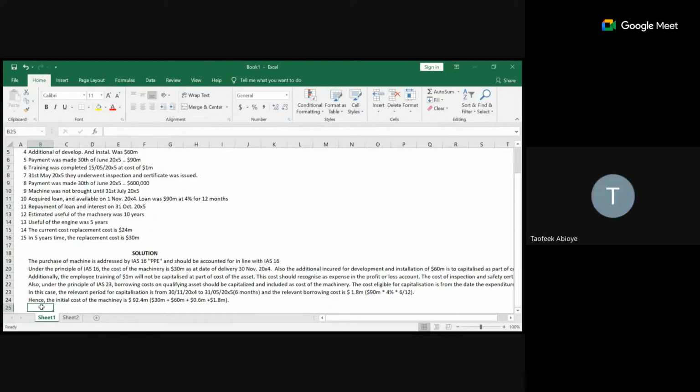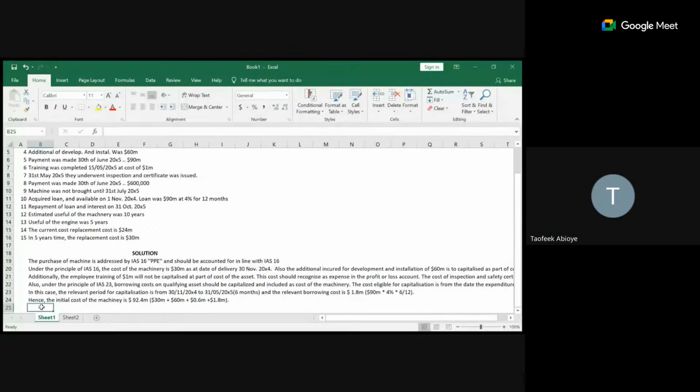Why was it not brought into use? Because of the certificate and inspection. No, there was an issue that was not mentioned. They said economic uncertainty.